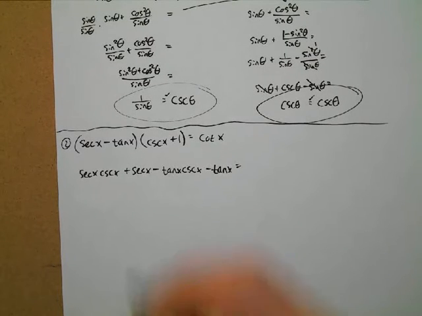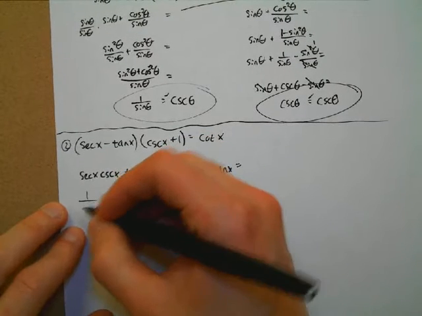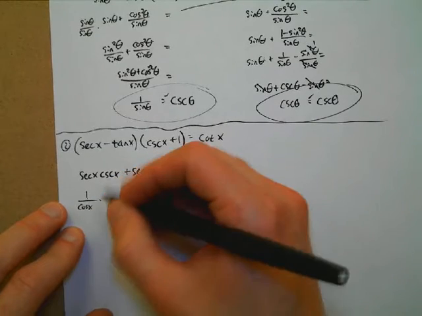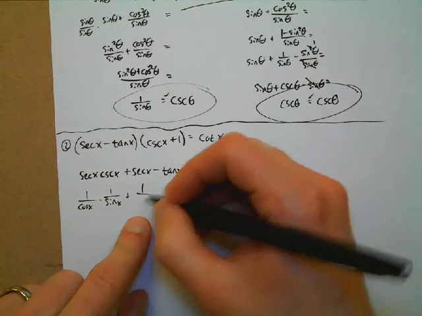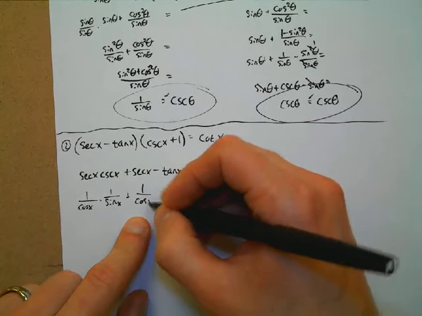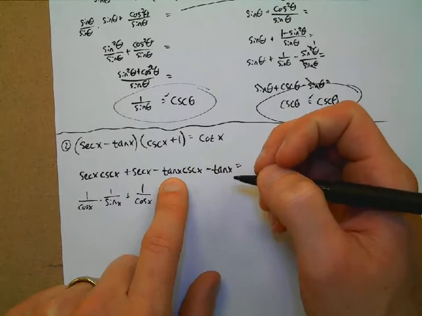And then tangent x cosecant x, that's, oh goodness, sine x over cosine x times 1 over the sine of x. Minus, and then tangent x again is sine of x over cosine x.